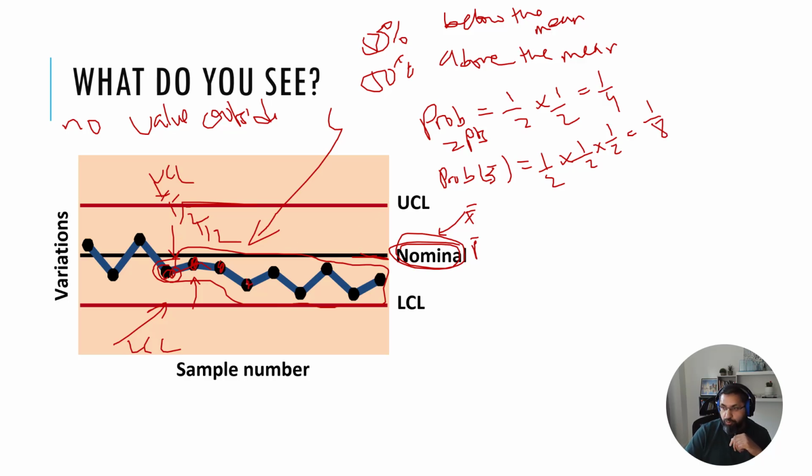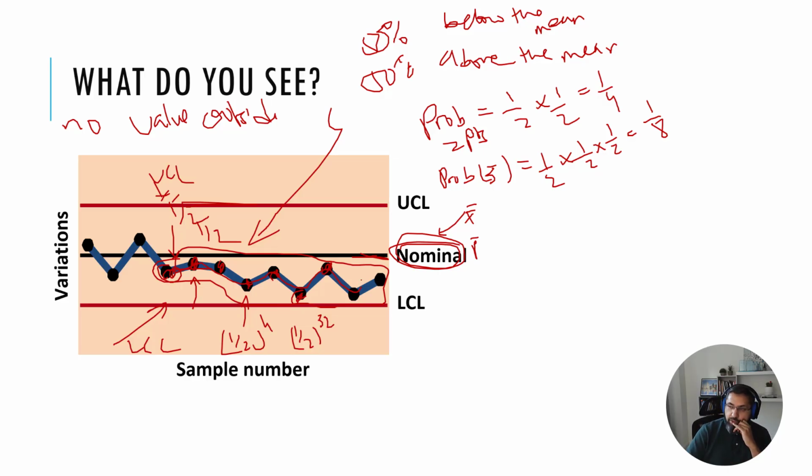Oh, what about 4 points? That's going to be 4 consecutive points below the mean. It's going to be a half to the power 4. 5 points, a half to the power 5. And you can see this is getting very, very small. A half to the power 6, a half to the power 7. That's getting really low probability. So if you see 5, 6, 7 values in a sequence below the mean, something is happening.